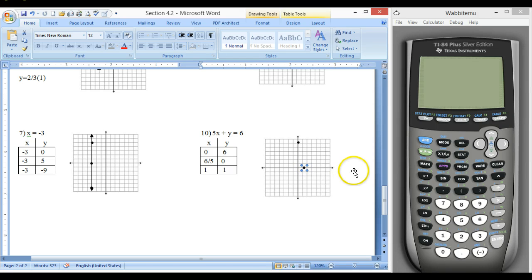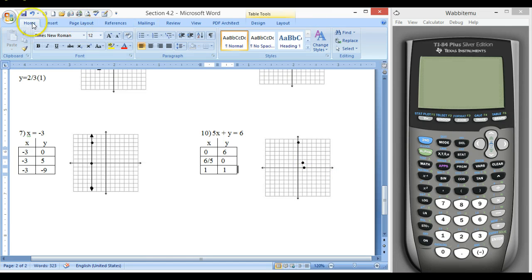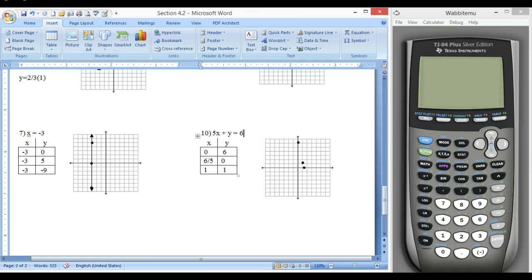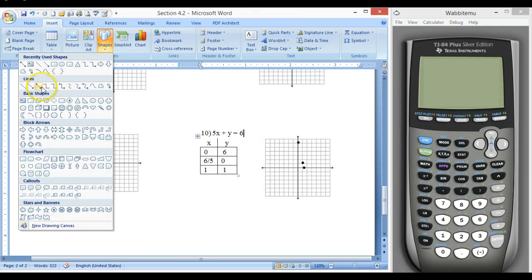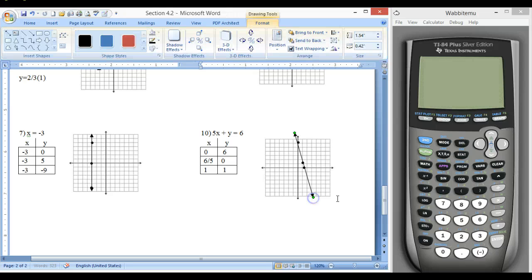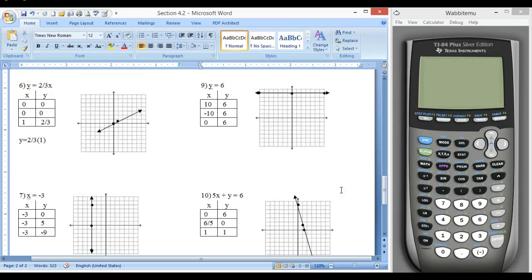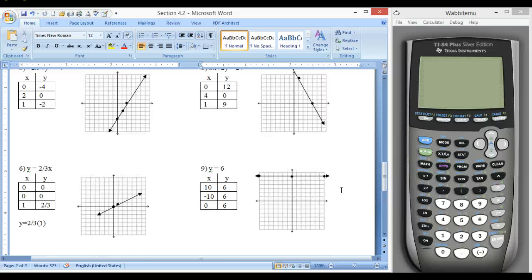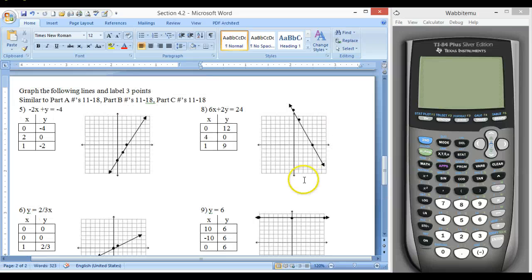And then my last one is 1 and 1. There we go, and the 3 make a line. So we insert our double arrowed line and go through all 3 points. And there we have our line. All right, that is it for number 2.